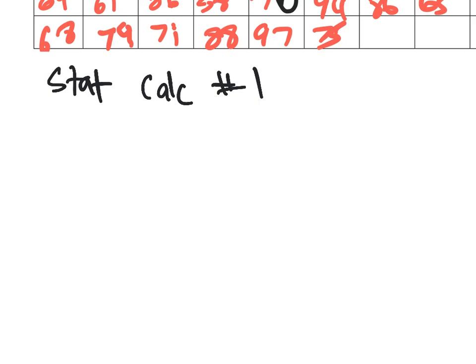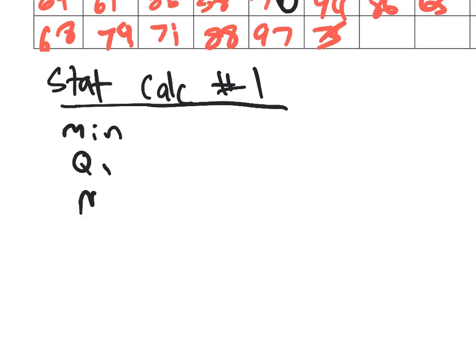So rerun your stat calc number 1, whatever list you put it in, and the numbers I need are my min, my Q1, my median, which is also considered Q2, Q3, and our max, which is also considered Q4, because it's the end. These Qs are the end of each 25%.